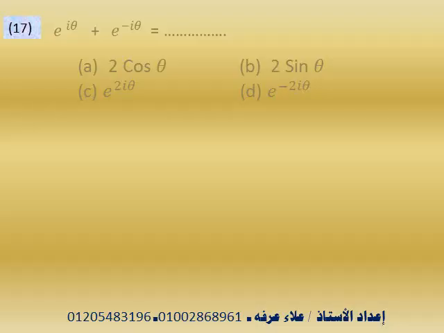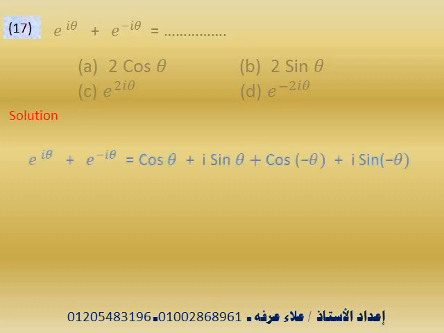e^(i theta) plus e^(-i theta) equals cosine theta plus i sine theta plus cosine negative theta plus i sine negative theta. Cosine is an even function and sine is an odd function.